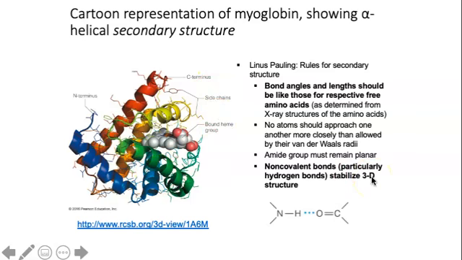Then no atom should approach closer than their van der Waals radii to each other. The imide groups also have to remain planar, because those bonds between each of the amino acids have a planar structure. And finally, you end up having non-covalent bonds or hydrogen bonding that stabilizes this three-dimensional form.